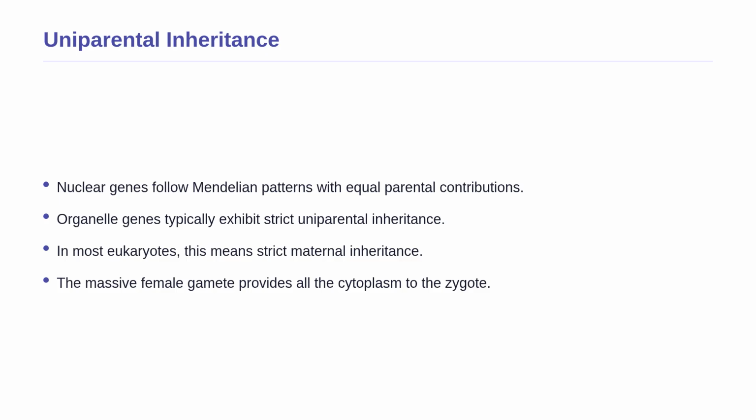In most eukaryotic organisms, this translates to strict maternal inheritance. Why does this happen? It is because the female gamete, the egg, is massive and provides all the cytoplasm to the new zygote. The male gamete contributes essentially only a nucleus, meaning the father's organelle DNA is completely bypassed.